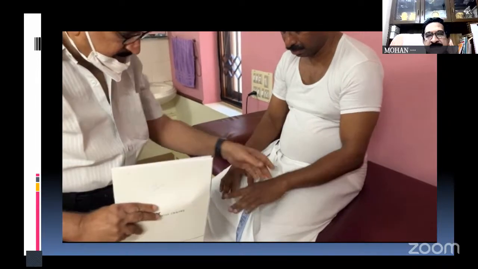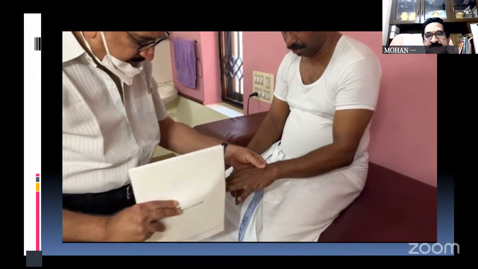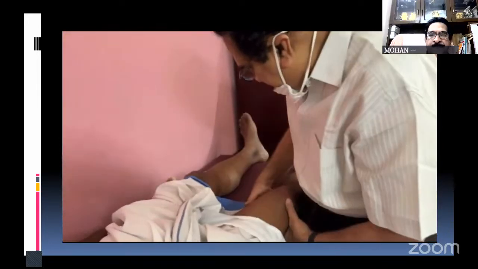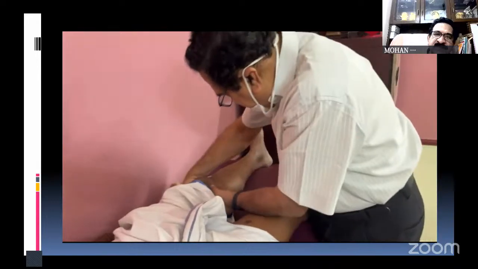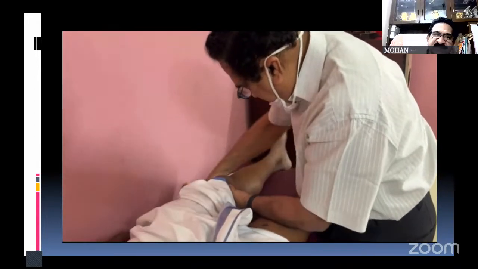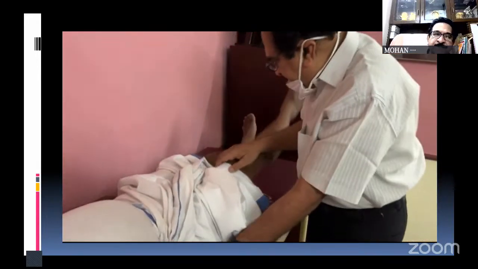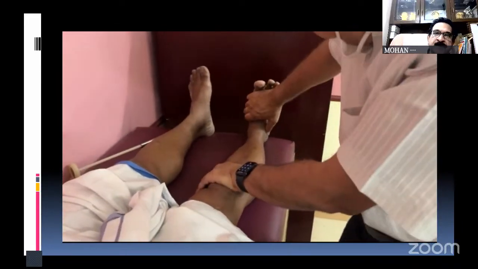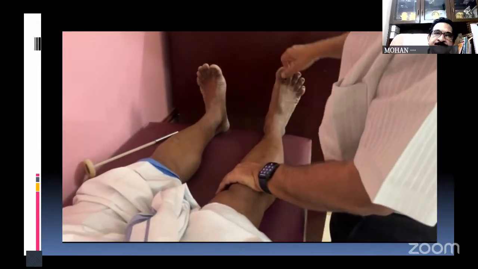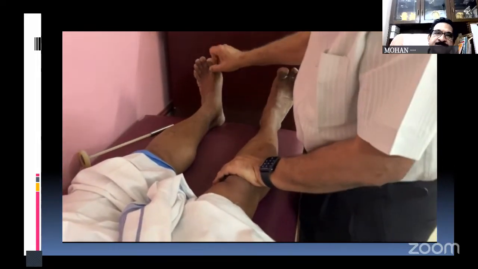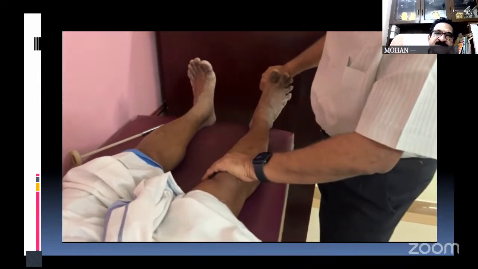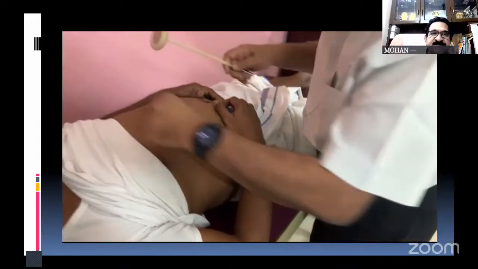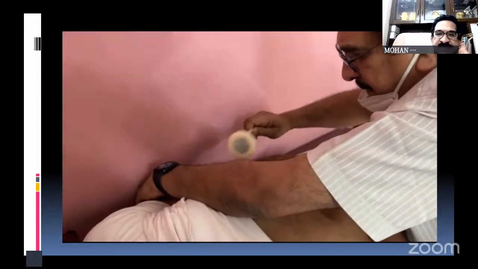Here again, mild weakness of the palmar interossei, the fourth and fifth finger, otherwise normal. In the lower limb, some spasticity is there, I'm not very sure, on the left side. Right side is normal. Lower limb power was normal. Hip and ankle normal. Plantar flexion normal. Reflexes in the biceps and supinator normally elicited.